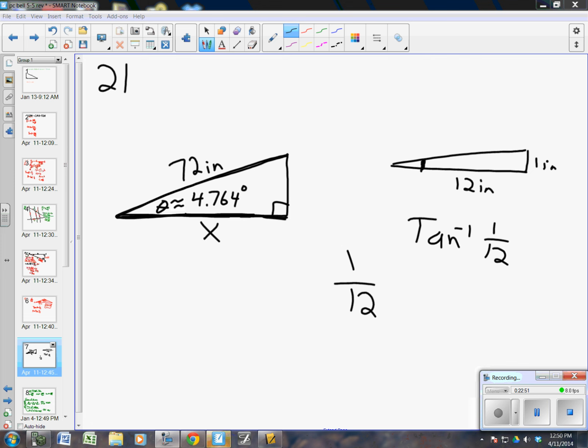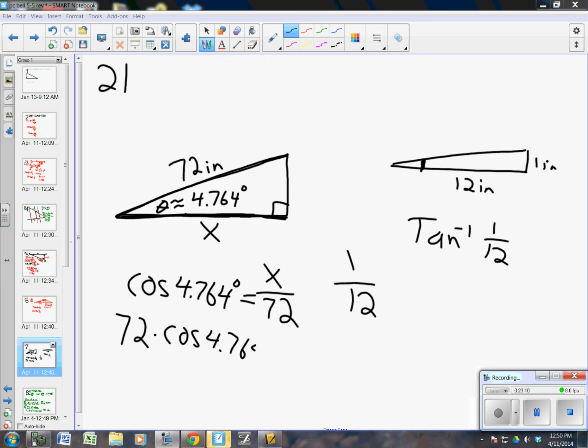Which side do I want? Adjacent and cosine. Cosine of 4.764 degrees equals x over 72, right? So our answer is going to be 72 times the cosine of 4.764 degrees.